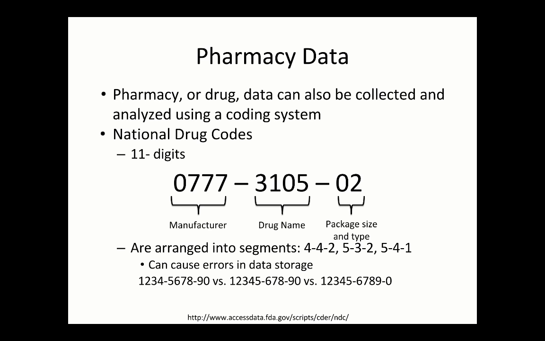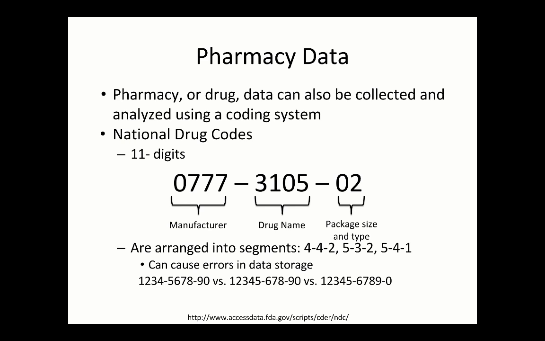The problem with NDC codes is how they are organized. They can be broken into 3 segments, each having a different number of digits. So there may be an arrangement where the first segment has 4 digits, the next segment has 4 digits, and the next segment has 2 digits. Or it could have a 5-digit, 3-digit, 2-digit breakdown, or even a 5-digit, 4-digit, 1-digit breakdown.